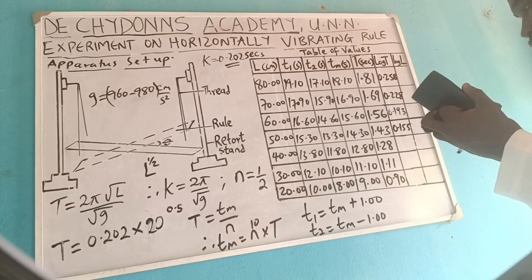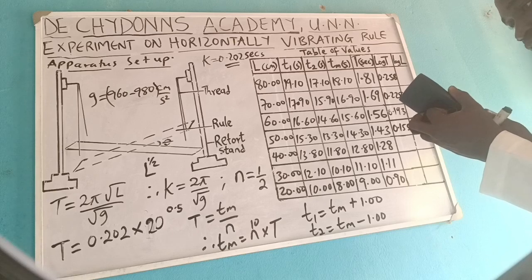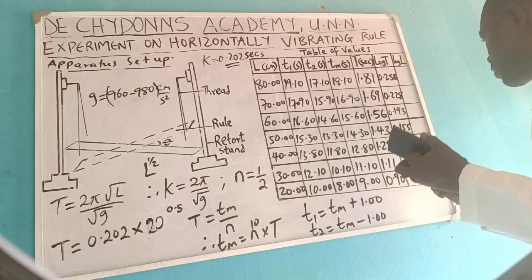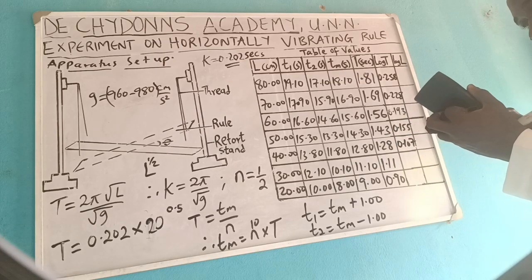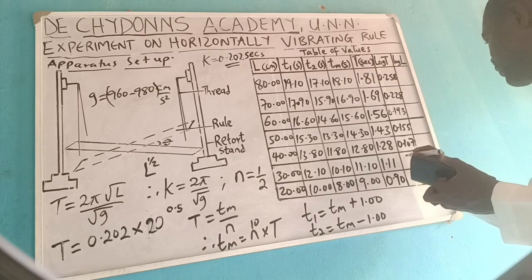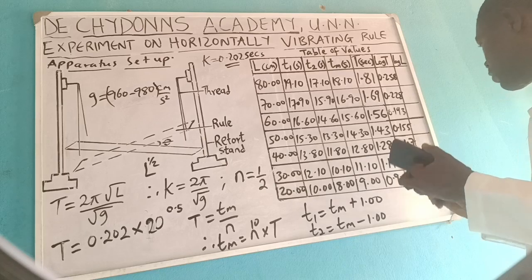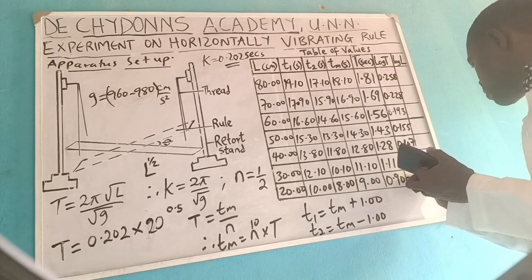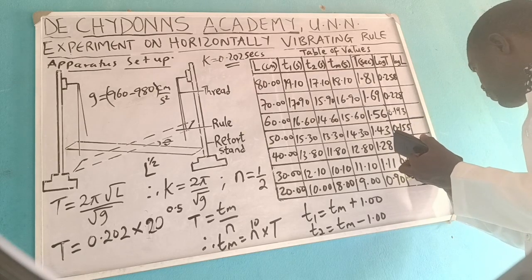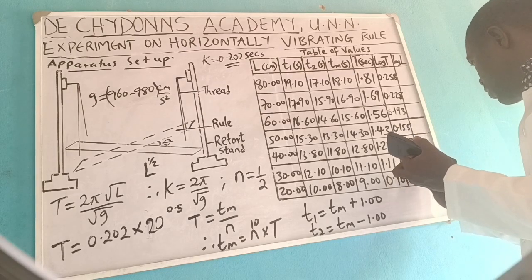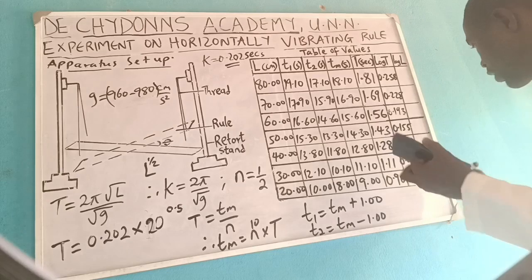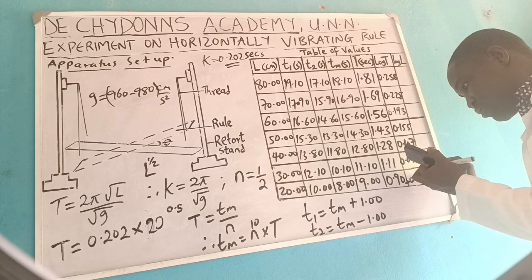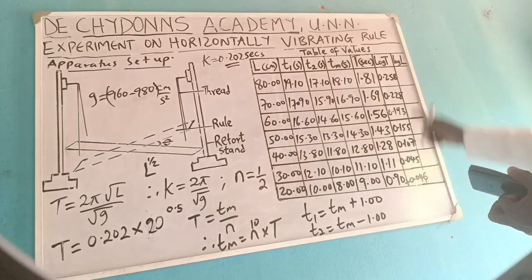Log 1.28, 0.107. Log 1.11, 0.045. Log 0.90, minus 0.046, let's write it clearly. Then we are done with log T.